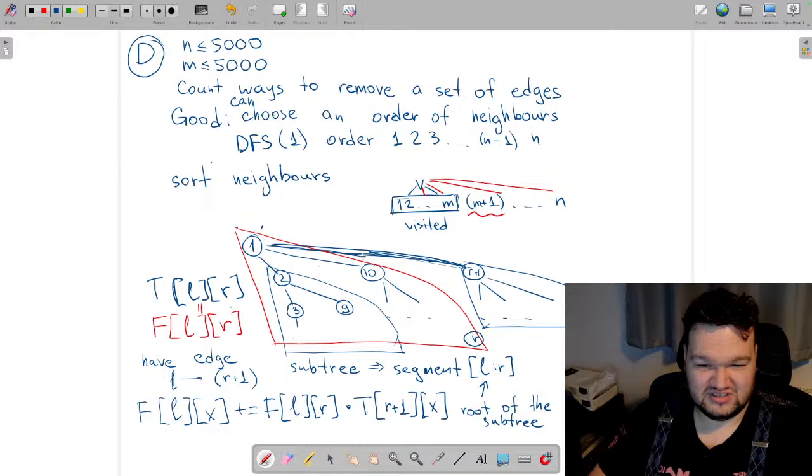Then we had to cover everything from L to R previously, and then this new edge should go to R plus 1, and then this new subtree ends at X. And so now we have this new incomplete tree from L to X, and we constructed it by choosing an incomplete tree from L to R, and then a tree from R plus 1 to X, but we also must have the edge from L to R plus 1.